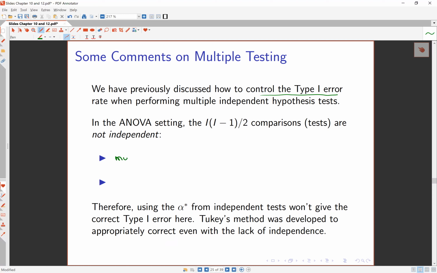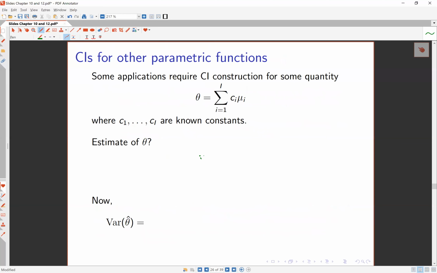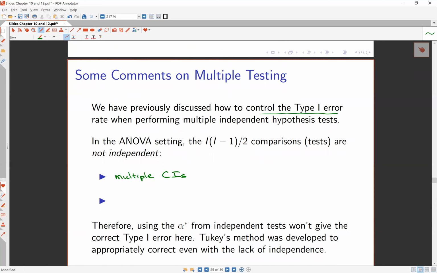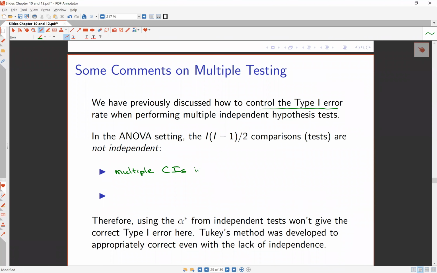Because if we were constructing confidence intervals, there are multiple confidence intervals that include the same group average. So if you look at the ith group, little i, then it's going to be compared to big I minus 1 other groups.